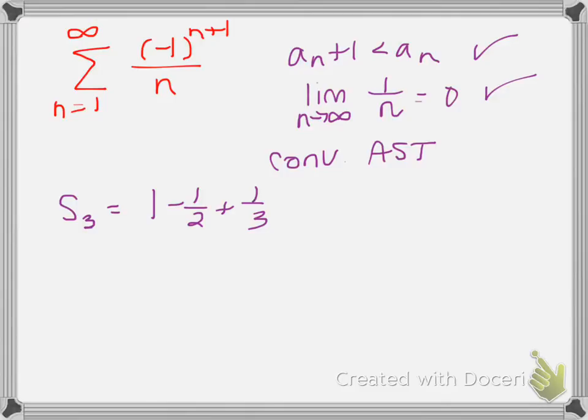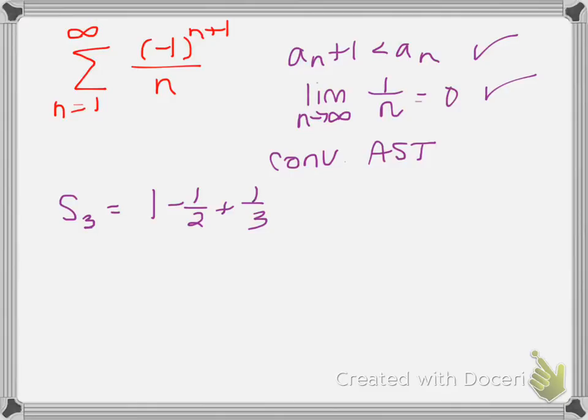Well, what we're asking here in this theorem is how much we're off. If I found the sum of the whole entire series and I just find out this sum, I want to know what the error would be.